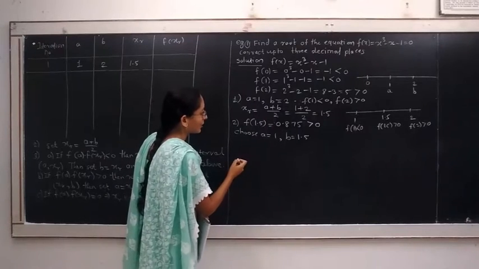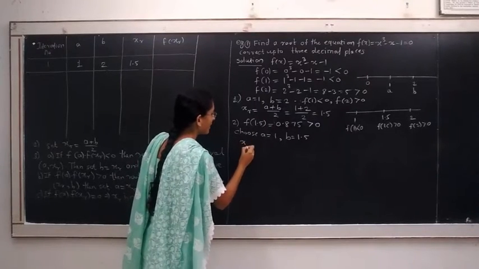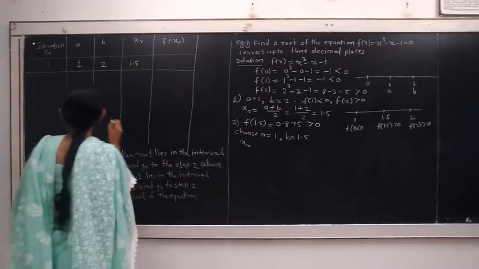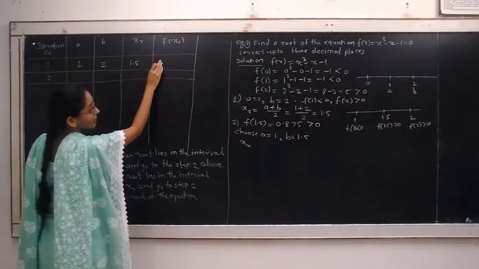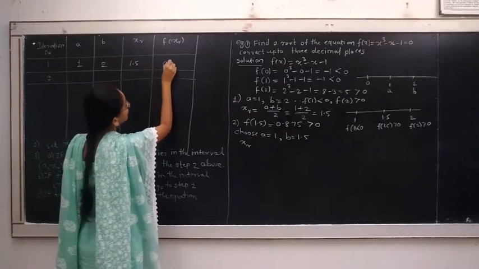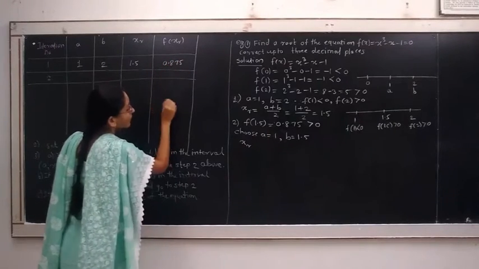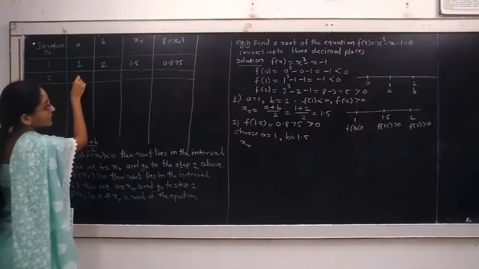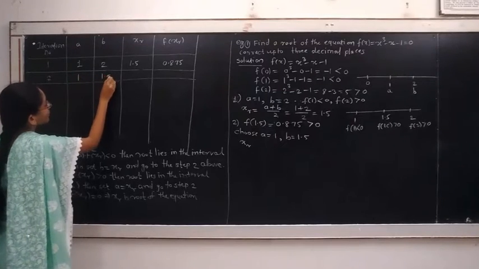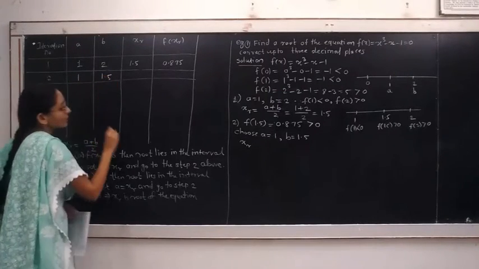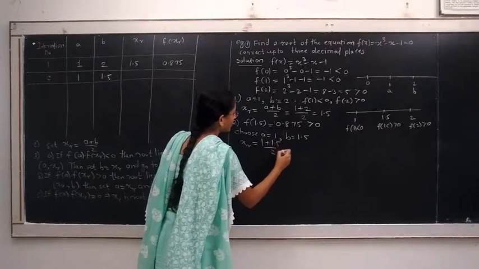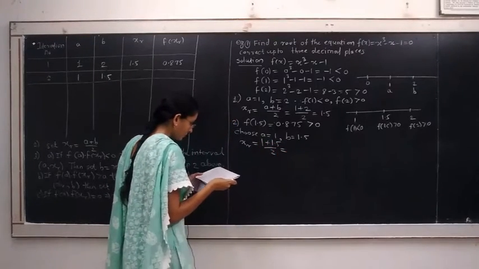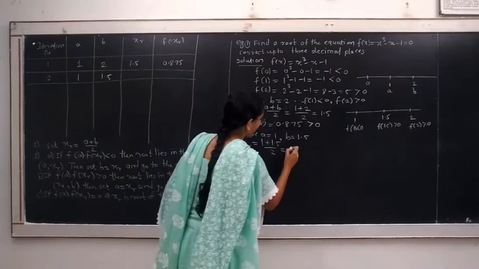Then we calculate again the value of xr in second iteration. The value of f of xr is 0.875. In second iteration, choose a is equal to 1, b is equal to 1.5, and the xr value is 1 plus 1.5 upon 2, which is equal to 1.25.